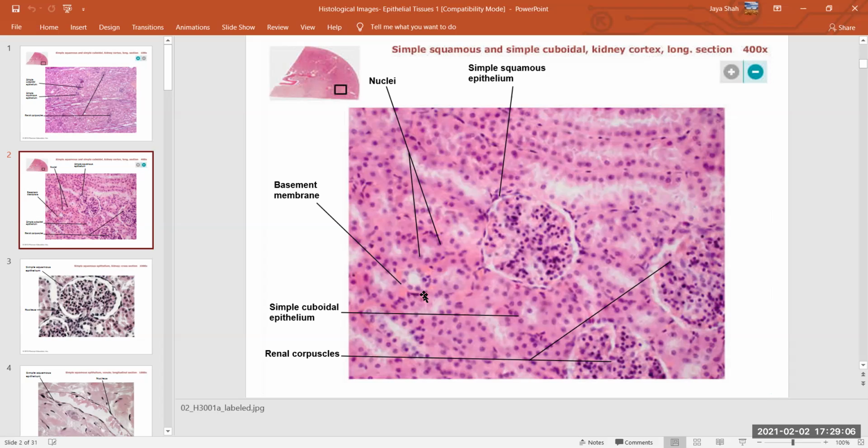Again here, you can see simple squamous, simple cuboidal, and the basement membrane. These are the renal corpuscles. If you go around the glomerulus, those are simple squamous epithelium. If you go around the renal tubules, then it is simple cuboidal epithelium.